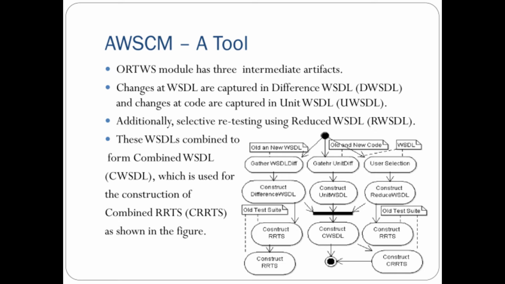Then there is selection, meaning some selection could be possible for the analysis of the web service. So this has been captured in the reduced WSDL. Next, these WSDLs are combined together to form the CWSDL, which is used to construct the combined RRTS, which is shown in the figure.